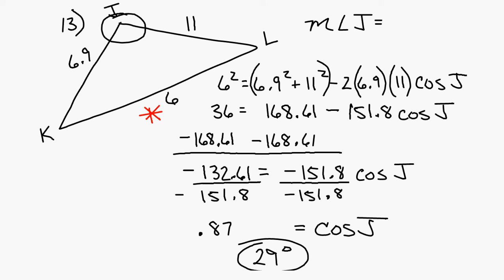Did everybody get that? 29.1222? If the cosine of J equals 0.87, then you take this value right here to cosine negative 1 power, and that gives you the measure of angle J.